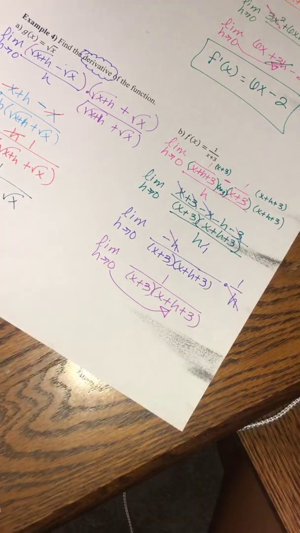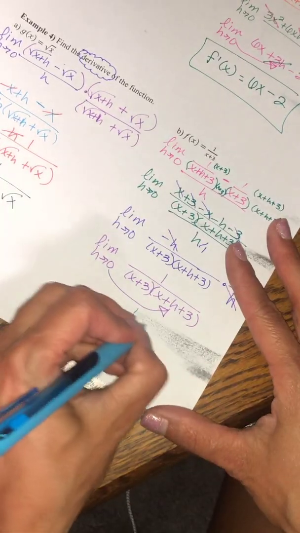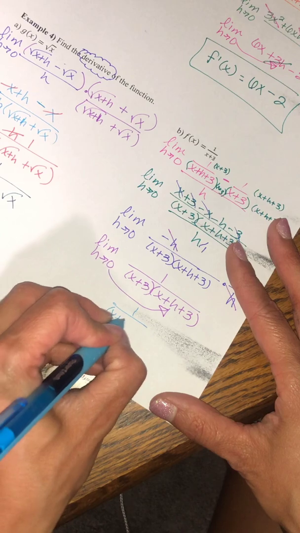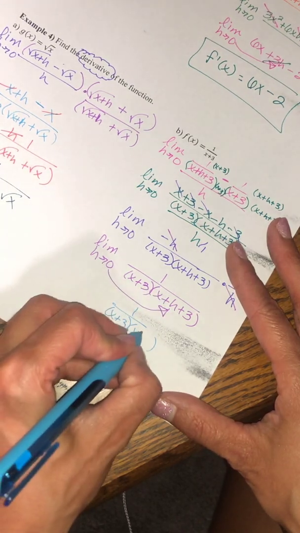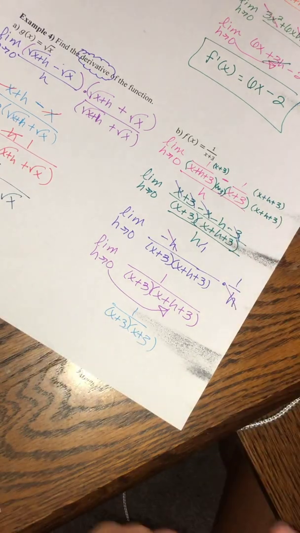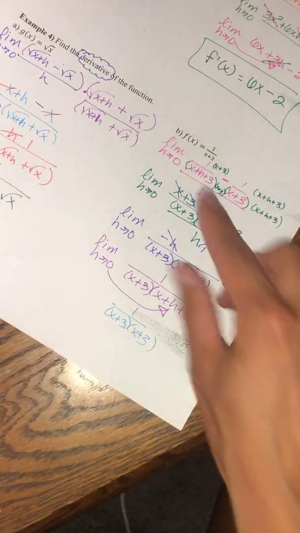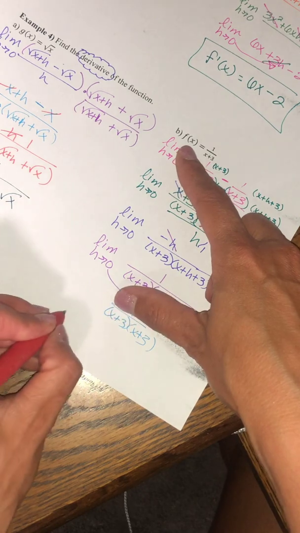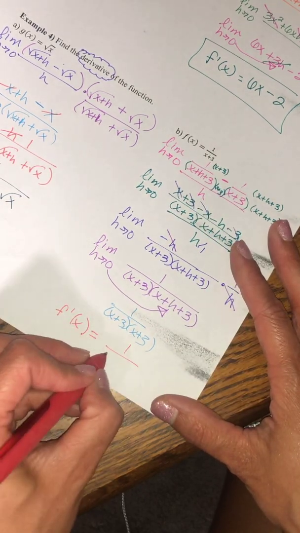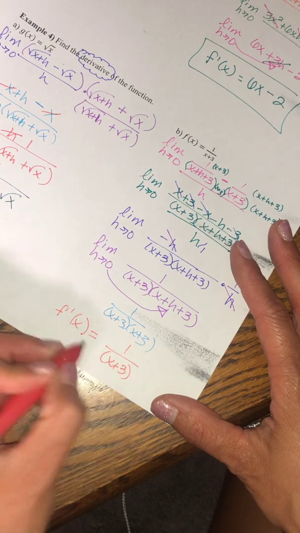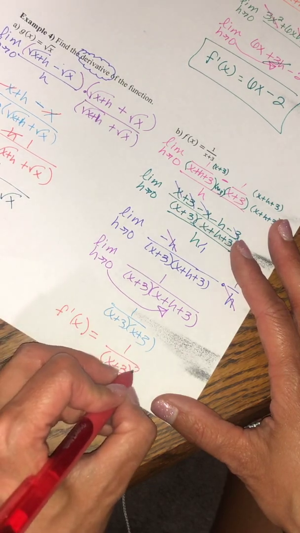So I have 1 over x plus 3 times, when the h is 0, I just have x plus 0 plus 3, which is just x plus 3. All right, I think I'm ready for the formula. The derivative, this function's name was f, so the derivative will be f prime of x equals 1 over x plus 3, and since there's 2 factors of them, it's quantity squared.